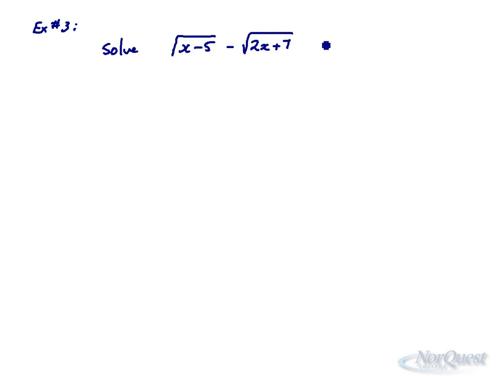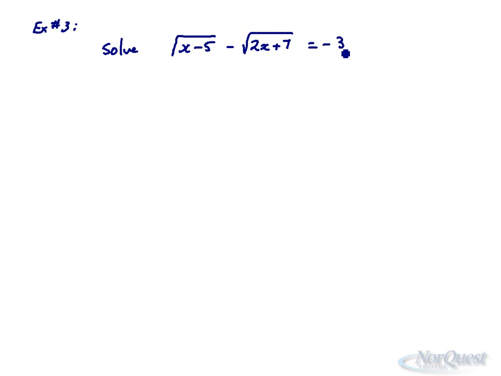This one I wouldn't even ask you to solve algebraically, so this is the only one that I would do graphically. If you ever see two radical signs in the same question, this is a calculator type right off the bat. Square root of x minus 5 minus square root of 2x plus 7 equals negative 3.